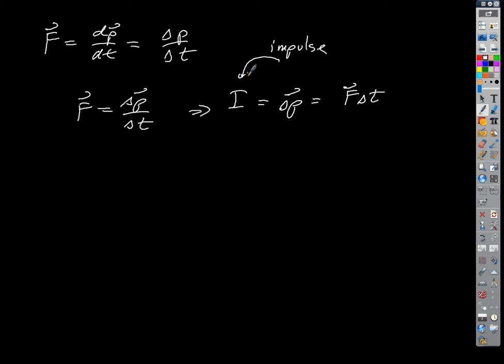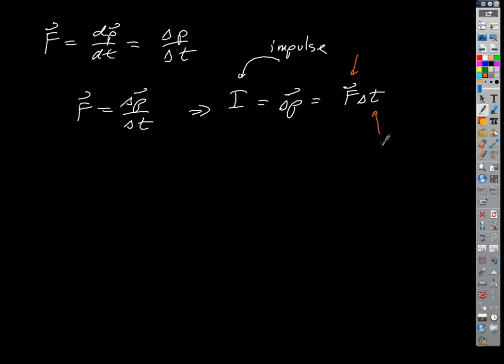Well, why might that be? If we look at the fact that the impulse is equal to the product of force and the time interval of the impulse, that tells us something important. If the time interval is big, what's that telling you about the force? Small. It's small, right? If the time interval is very small, that means the force must be very big, right?